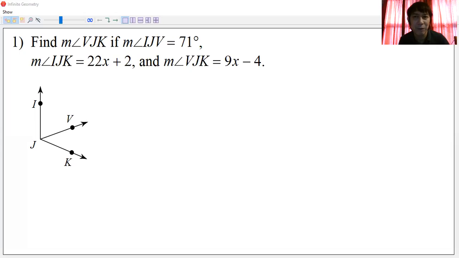All right, we should start with some explanation or discussion about angle addition postulate. This is related to the definition of between rays.